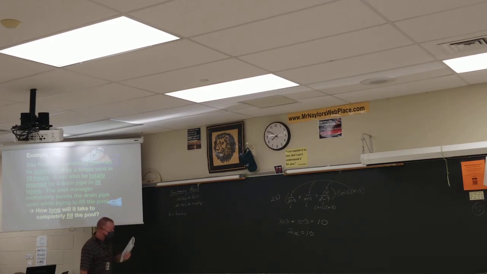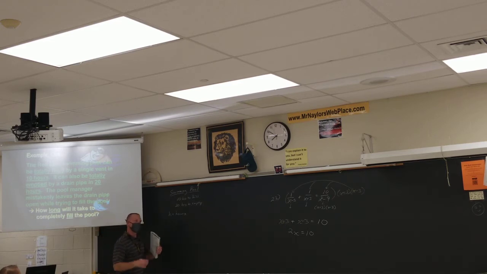And now we can create a fraction of time. Here's the crux of the problem: it is completely true that you will be able to complete 1/10 of the job per every hour.